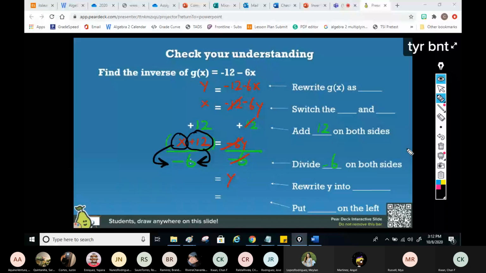So which means I'm going to have x divided by negative 6. And then right here, the 12 divided by negative 6, I'm going to put it right here. And I have to keep the plus sign right here. And then right here you have 12 and then over negative 6.